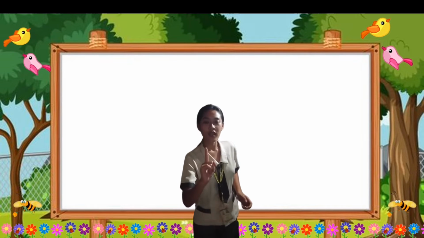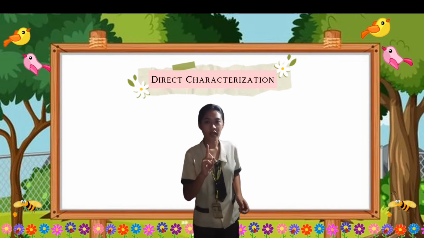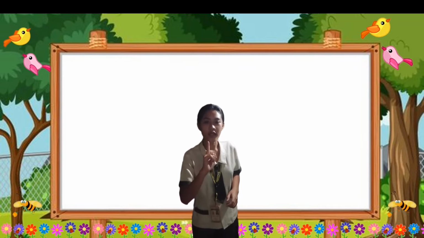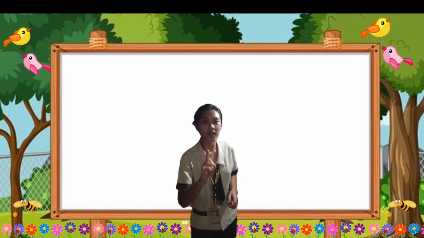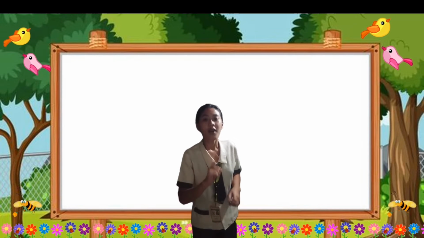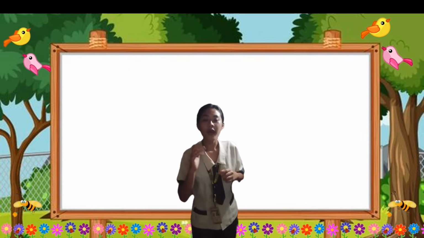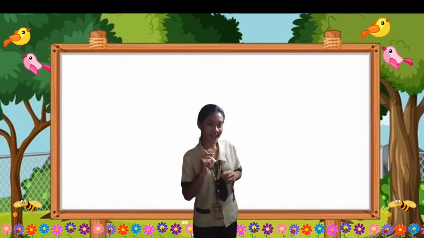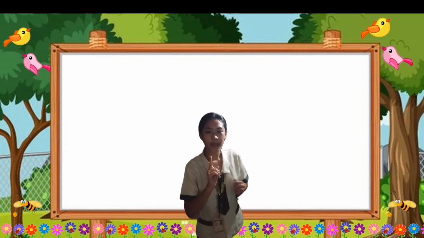Now, moving on to direct characterization. Direct characterization is when the author uses adjectives to tell what a character is like. For example, Mary was lazy. The next element of a short story is the plot.